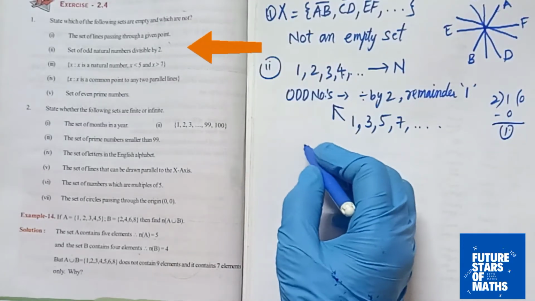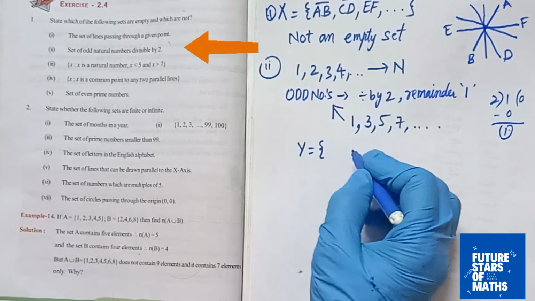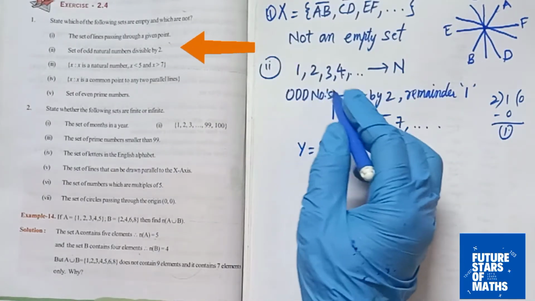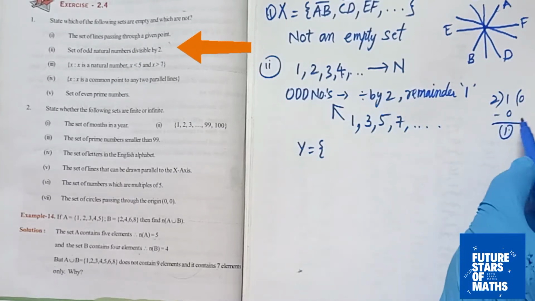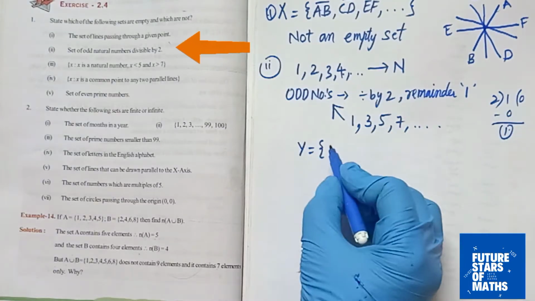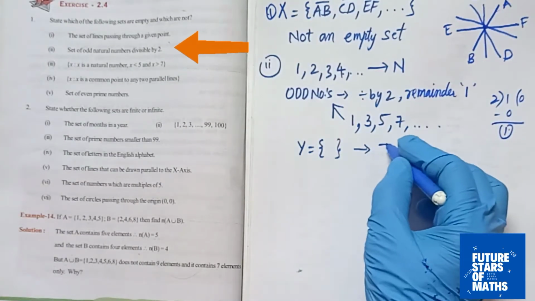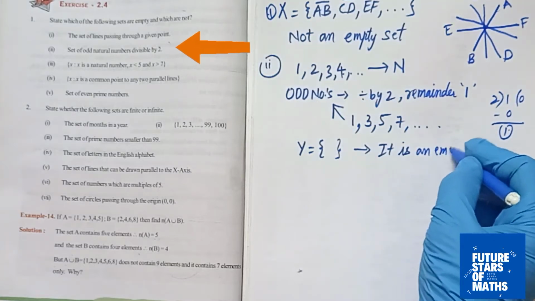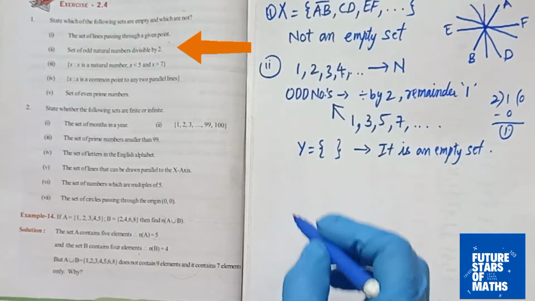So what is the set here? Suppose we write the name Y for this set. Are we getting any numbers? No, because whenever we divide an odd number by 2, we get 1 as remainder. Okay. So we are going to get an empty set. No elements in the set. So it is an empty set.